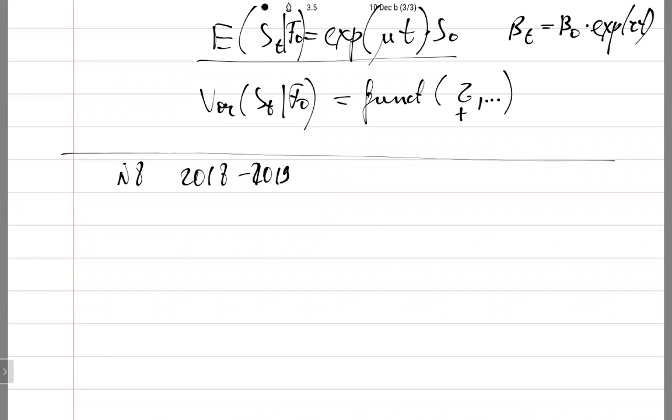Page 62, the very bottom of the page. Okay, let's solve it. Why not?